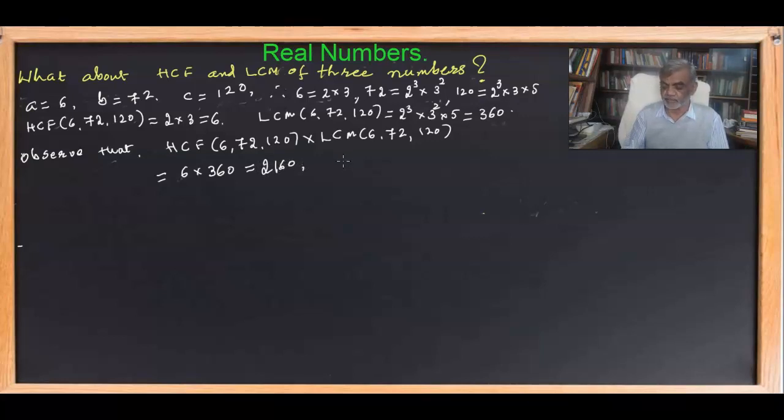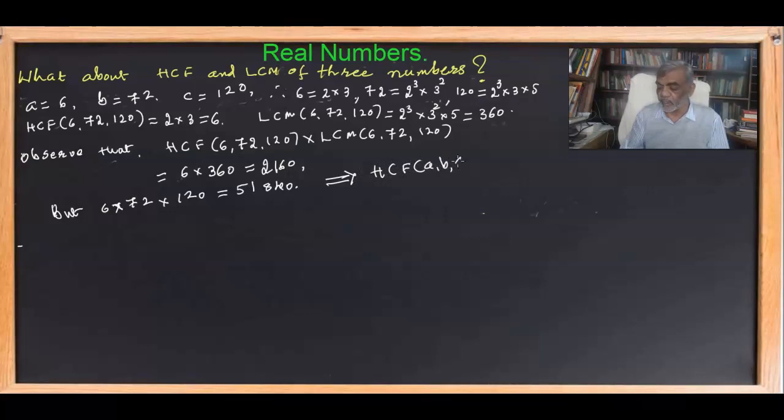But 6 into 72 into 120 is equal to 51,840.